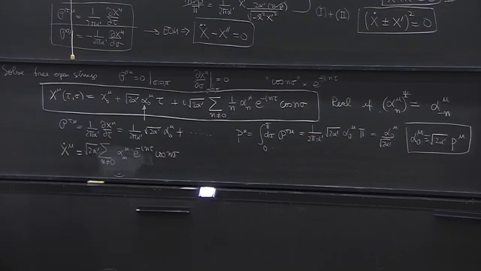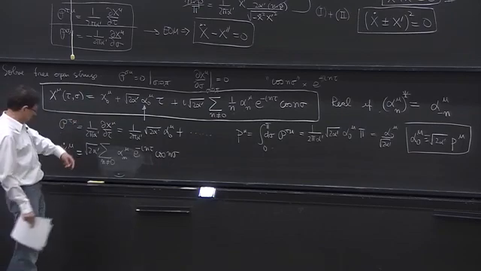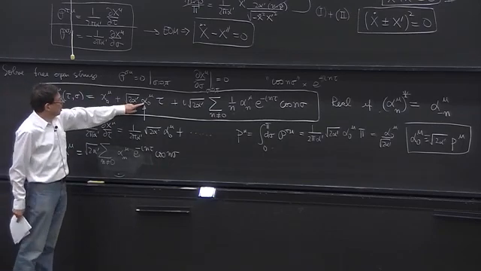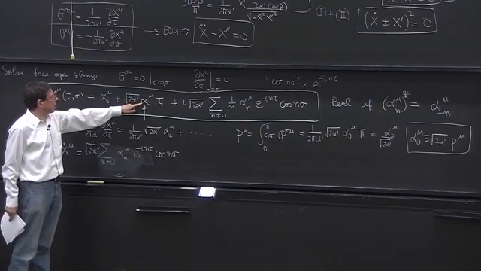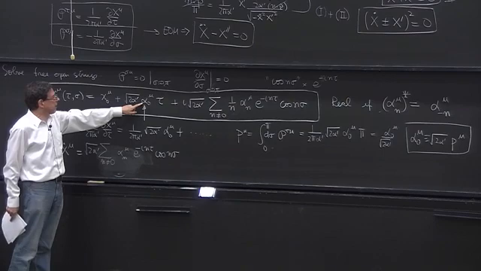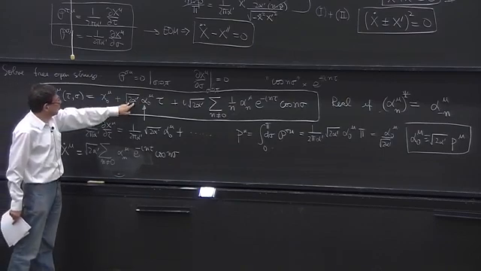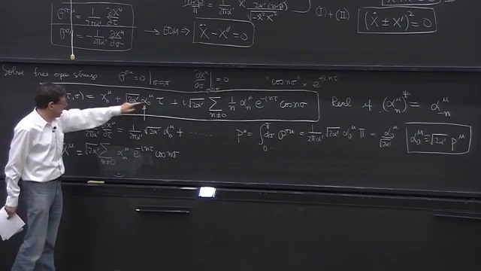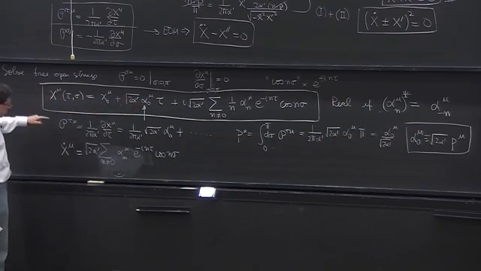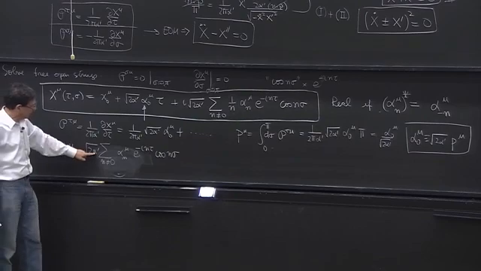Good. But now I missed the first term, for n equals 0, or this term is missing. I just differentiated that one. So I should get an extra term when I differentiate with respect to tau of 2 square root of 2 alpha prime times alpha 0, square root of 2 alpha prime.